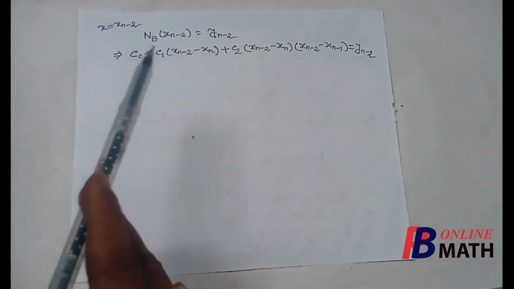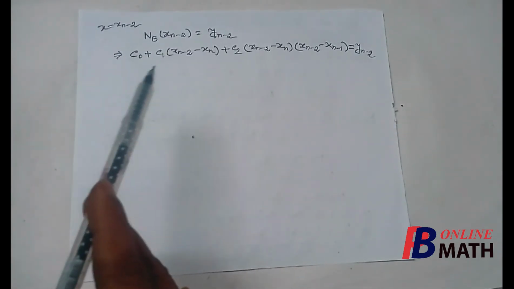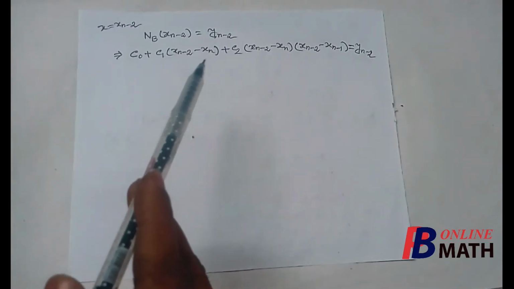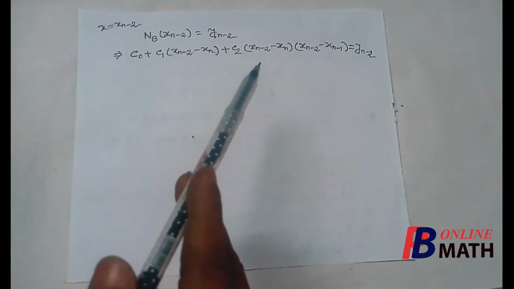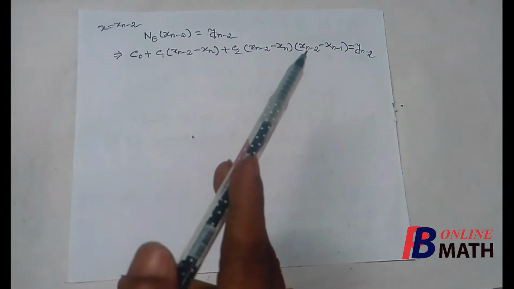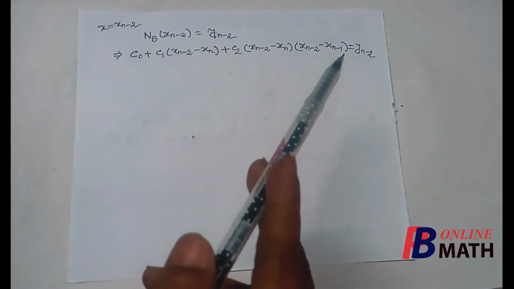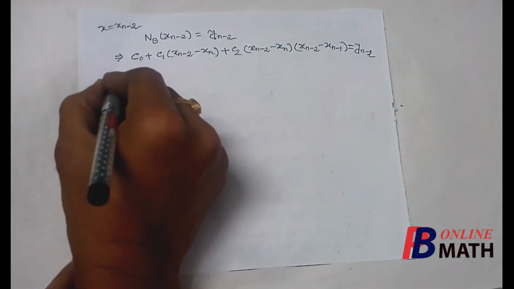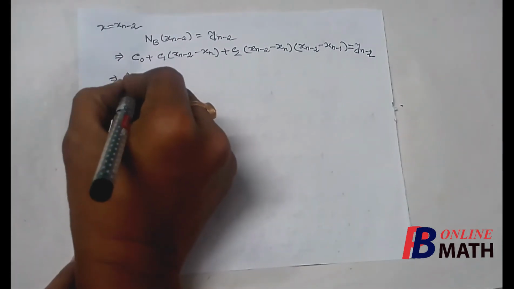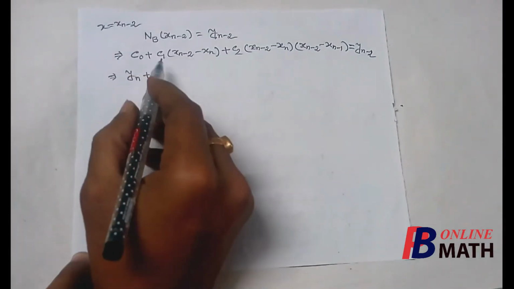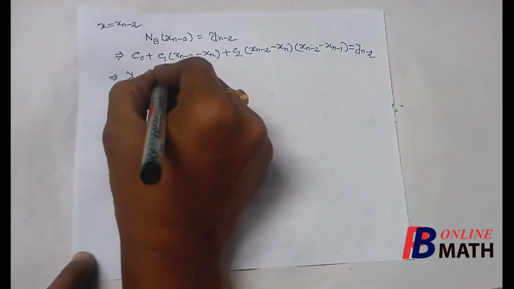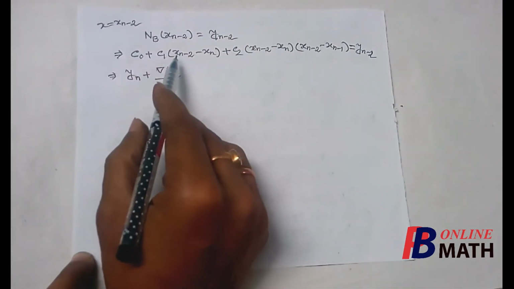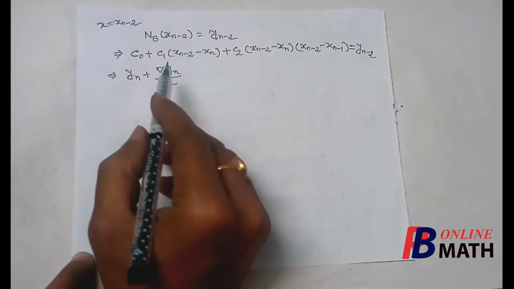So if we replace x equal to xn minus 2 in the polynomial, we get c0 plus c1 into xn minus 2 minus xn plus c2 into xn minus 2 minus xn multiplied by xn minus 2 minus xn minus 1 is equal to yn minus 2. Now we have already evaluated that the value of c0 is nothing but yn, and the value of c1 is the backward difference of yn divided by h. Now what is the value of xn minus 2 minus xn?